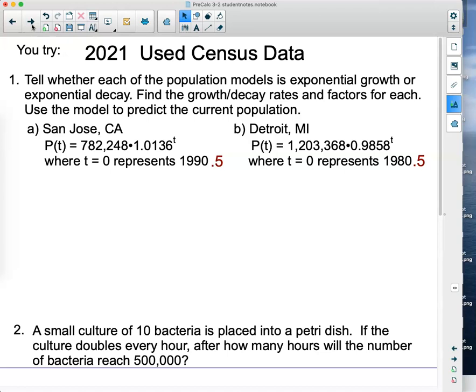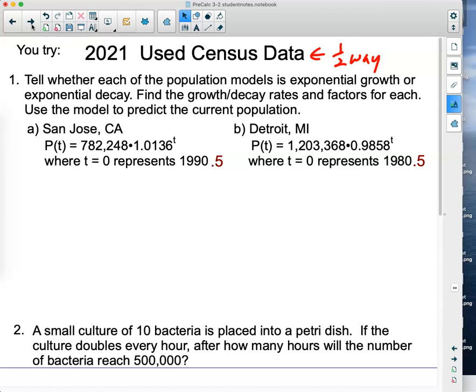Now, another thing you're going to notice is that you don't have these little red 0.5s on your papers, and that's because I wanted to make sure that we talked about that. Remember, with census data, that's collected halfway through the year. So when our time equals 0 says 1990, it's really 1990.5.